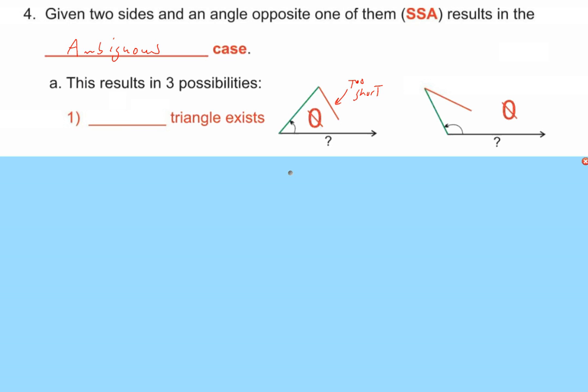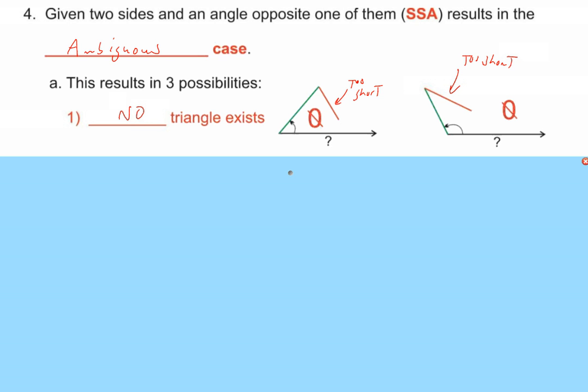It doesn't reach. It's a possibility they could tell you it's the value of the side, but guess what? It doesn't reach the third side. Can you have a triangle if it doesn't reach the third side? The answer is no. Same situation with an obtuse angle. It could be too short. And in that situation, no triangle exists.